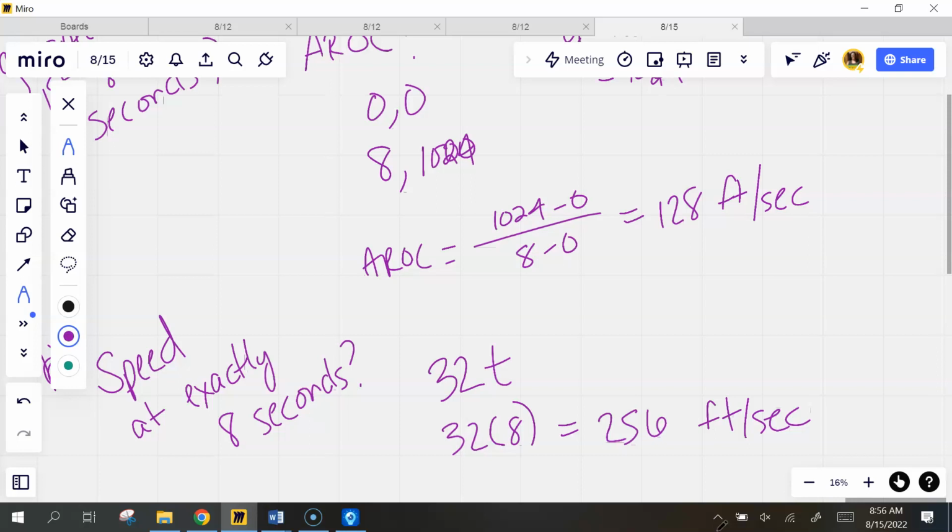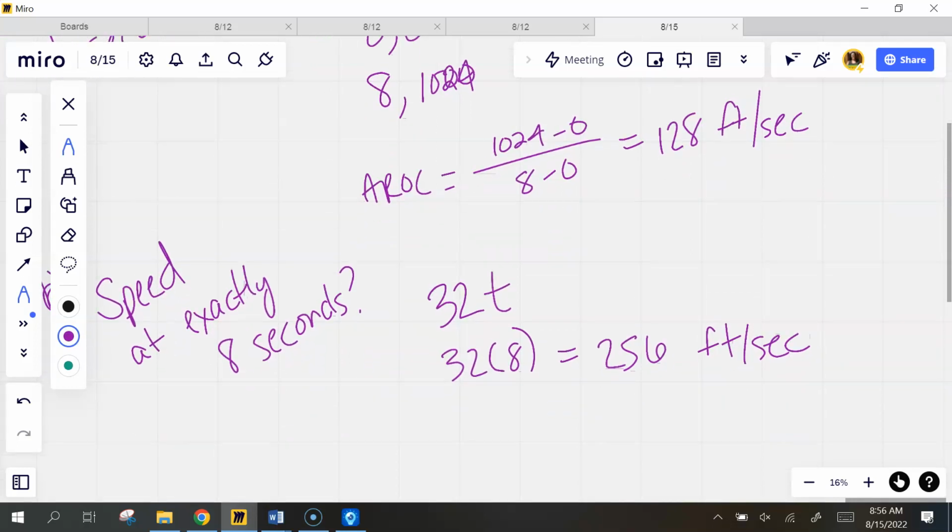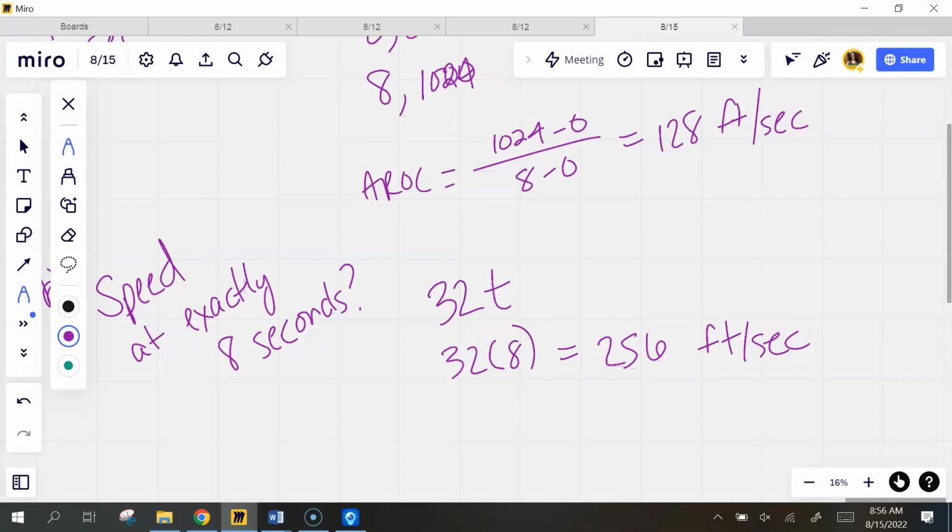Say that again. The speed at exactly 8 seconds is where I find the rate of change. Rate of change is the feet per second. Say that again now.